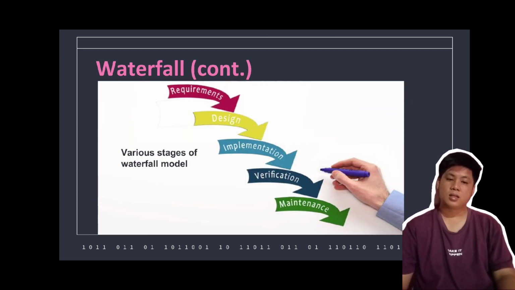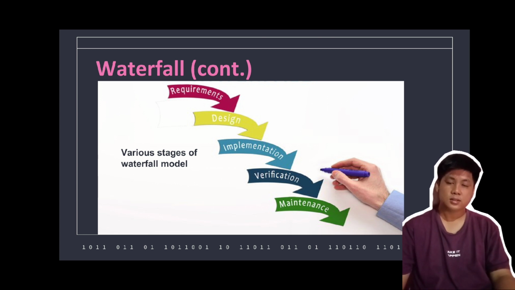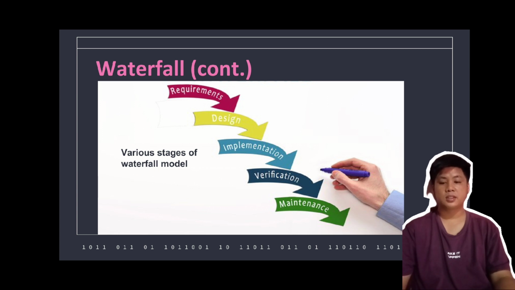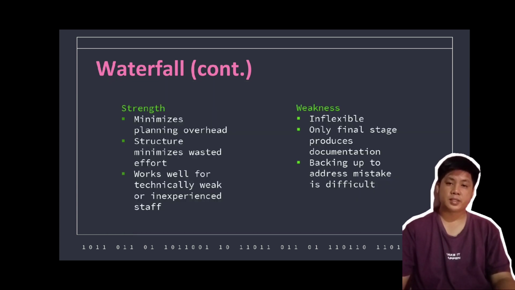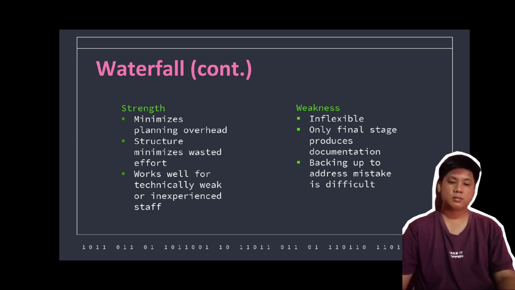This is the waterfall model. The first one is requirements, second is design, third is implementation, fourth is verification, and the last is maintenance. What are the strengths and weaknesses of the waterfall model? Let's go on first.